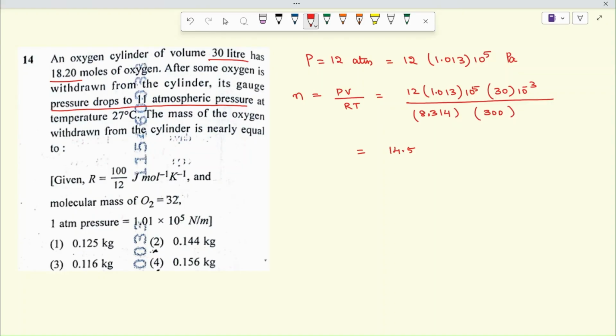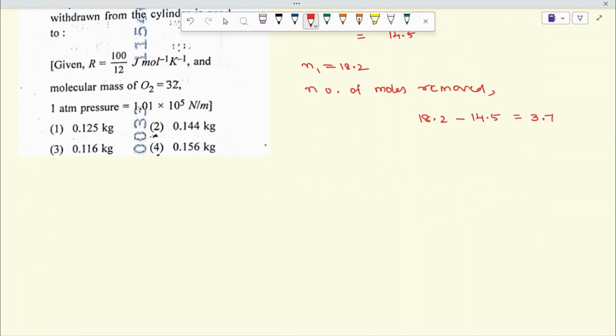Close to that. And initially how many moles are there? 18.2 according to question. N1 is 18.2. N2 we found out that is 14.5. So number of moles removed is how much? That is initial 18.2 minus final 14.5, right? So approximately 3.7 moles. Find the mass now.